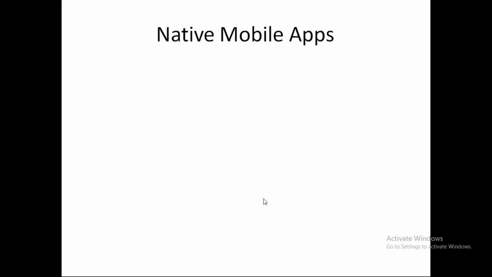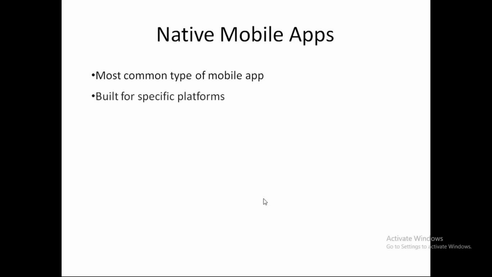So the next one is the native mobile applications. The most common type of application in mobile devices is the native mobile application, guys. It is built for specific platforms.